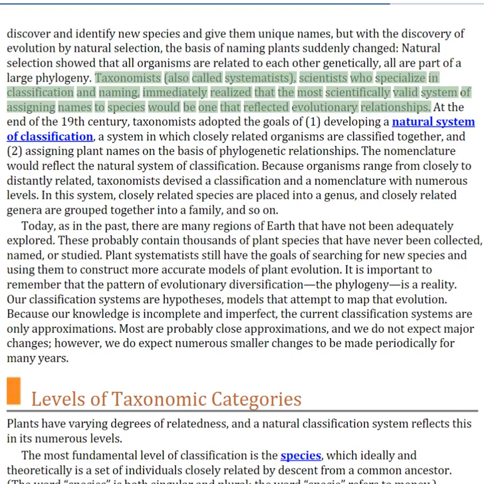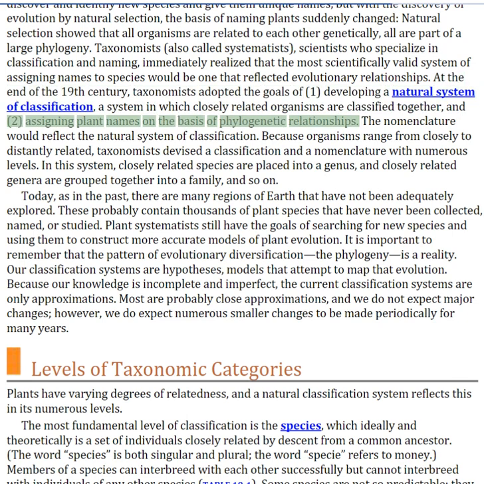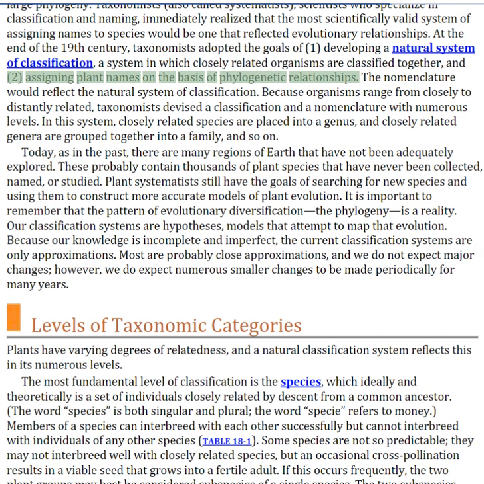Taxonomists, scientists who specialize in classification and naming, immediately realized that the most scientifically valid system of assigning names to species would be one that reflected evolutionary relationships. At the end of the 19th century, taxonomists adopted the goals of developing a natural system of classification, a system in which closely related organisms are classified together, and assigning plant names on the basis of phylogenetic relationships.